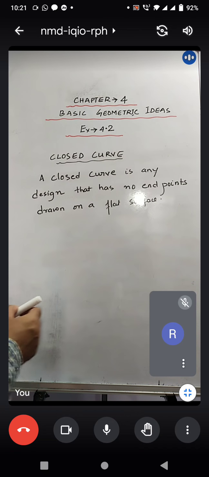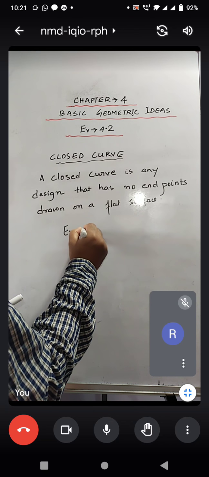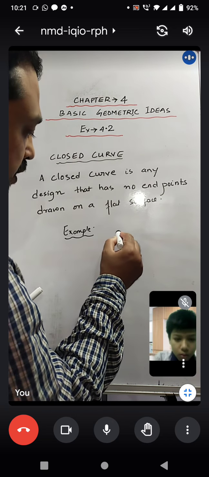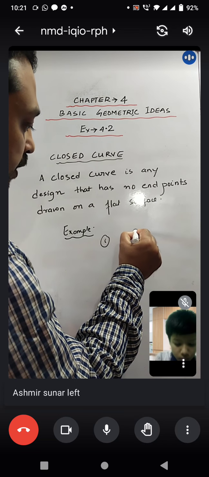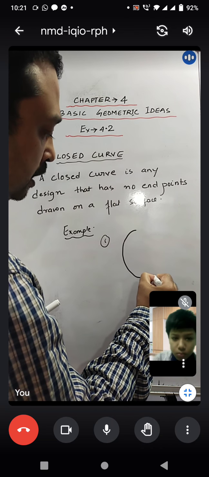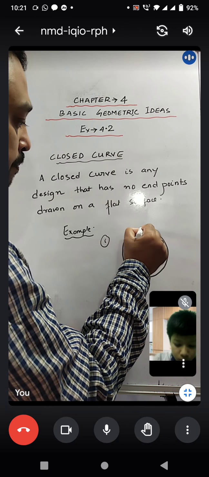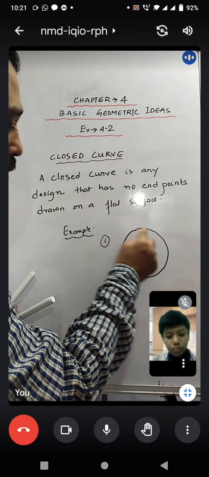Suppose, for example, this is also a curve. If I draw one figure like this and I'm not lifting my pen, you see, without lifting my pen, I came to the same position where I started.